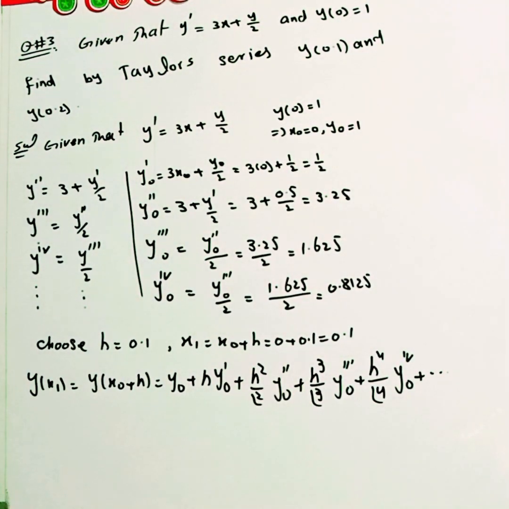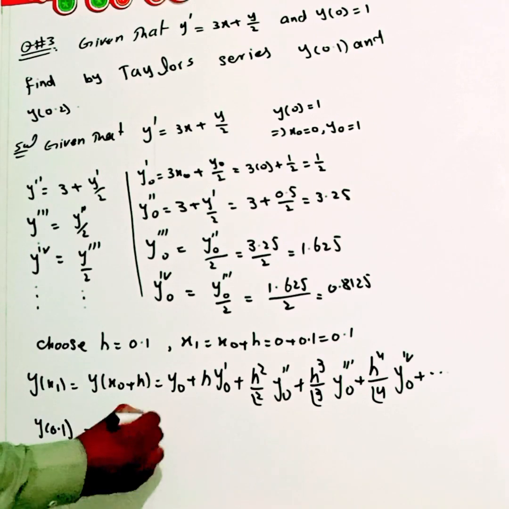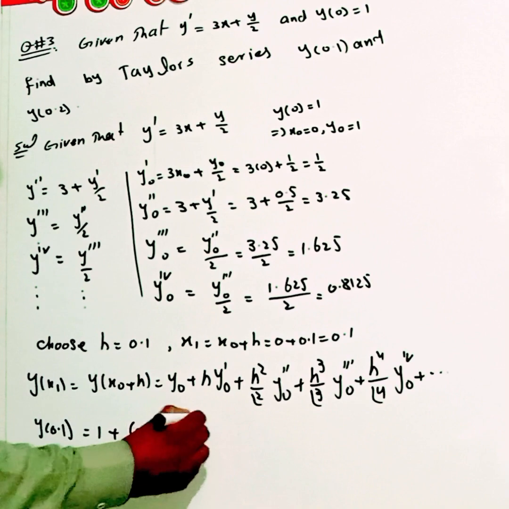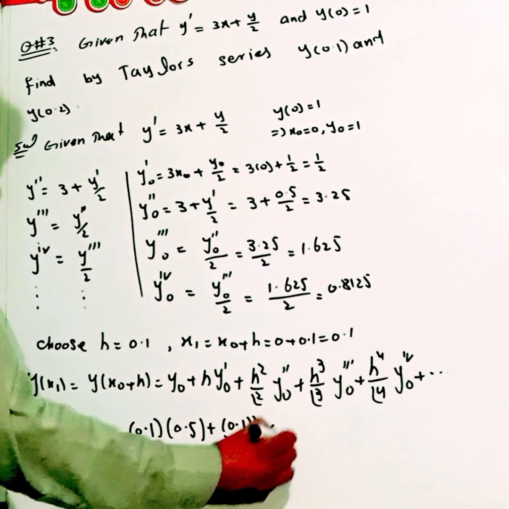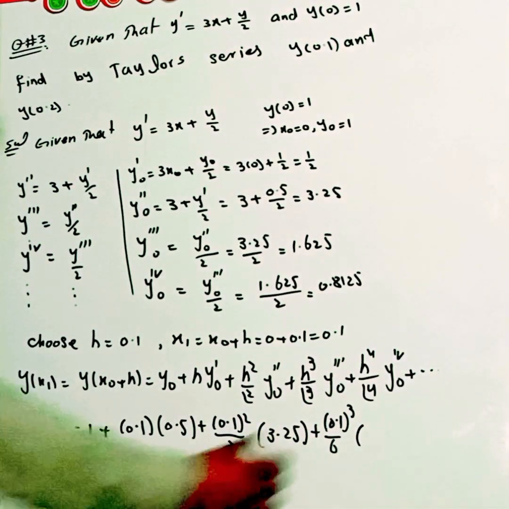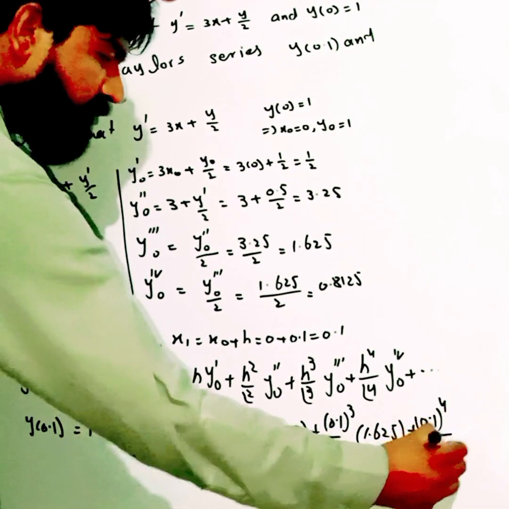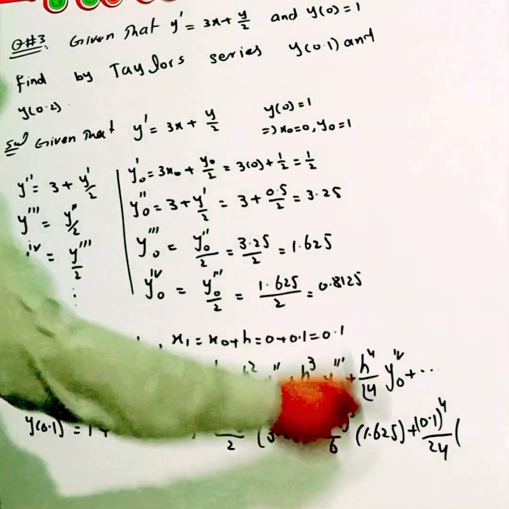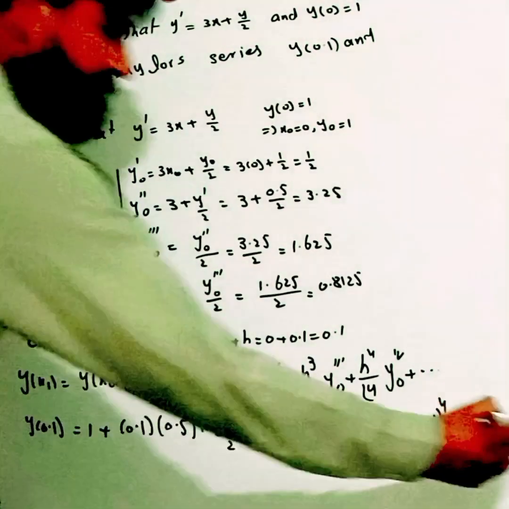By putting the values of h and y prime naught, y double prime naught, y triple prime naught and so on, we obtain y of 0.1 is equal to y naught is equal to 1 plus h, 0.1, times y prime naught, 0.5, plus h square, 0.1 square over 2 factorial, 2, times y double prime naught, 3.25, plus 0.1 cube times y triple prime naught, 1.625, plus 0.1 raised to power 4 over 4 factorial, 24, times the fourth derivative of y at x is equal to 0, 0.8125, plus so on.